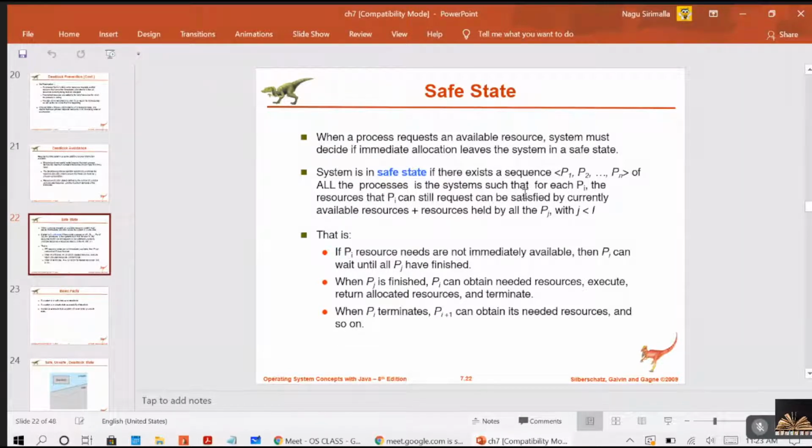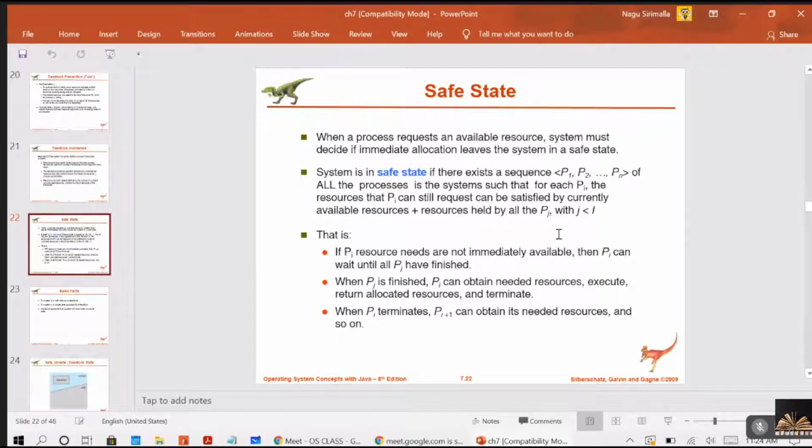That means if n processes are there, in which order should you allocate the resources to the processes so that they stay in the safe state? So for that, it has a condition here. Let's consider when P2 will be allocated the resources: P2's need should be less than or equal to the available resources plus the resources released by P1. Then P2 will be assigned the resources, right? You're getting me? So these are the conditions, you can go through it.